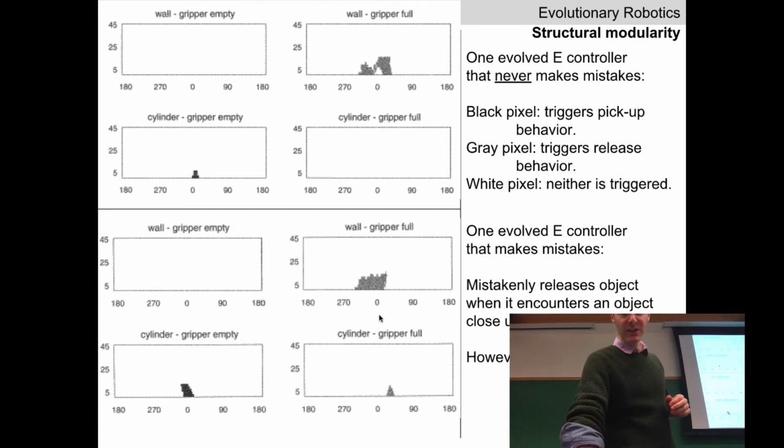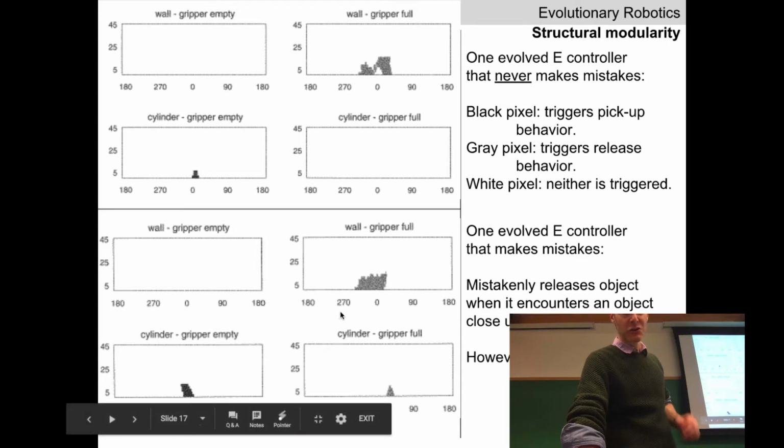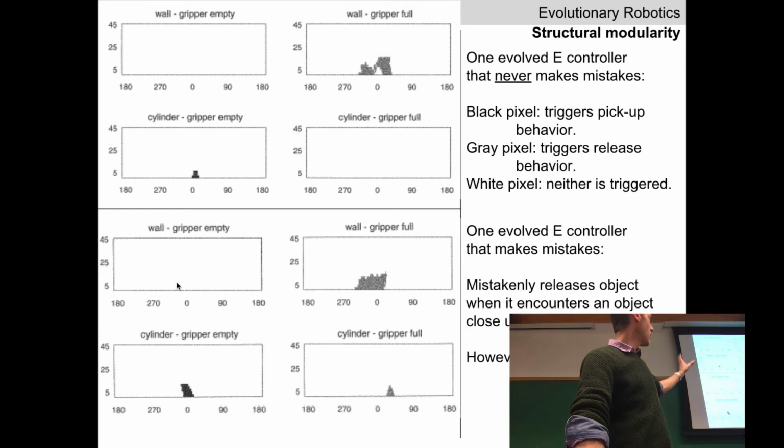Okay, let's look at a second evolved controller down here, which again, top left panel, it's facing the wall or near a wall and its gripper is empty. It correctly does nothing. How do you define the mistakes then?